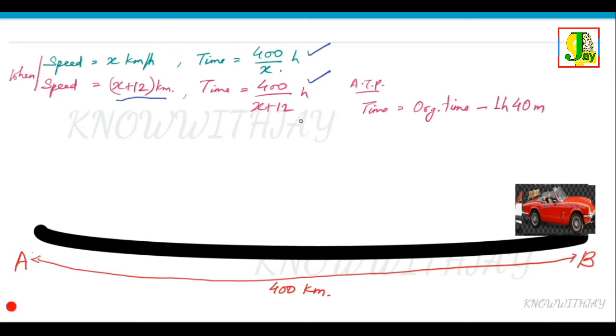Now again we have the time comparison here. The time taken when the speed is more is generally less than the original time, because the speed was less earlier. So by how much? It's 1 hour and 40 minutes.